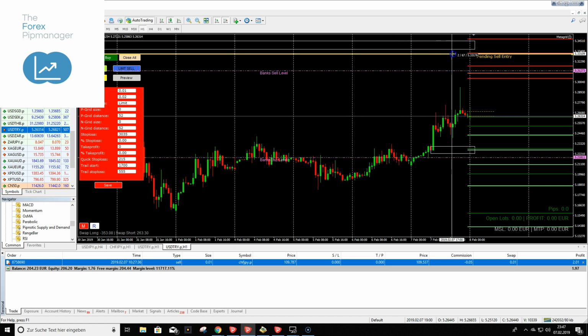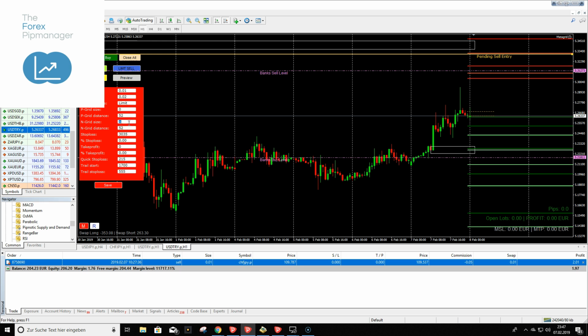We have here a distance between these 2 lines of 1660. And I want 3 negative grids. Negative grids are the grids when the price goes against us. I don't want a positive grid in this case, so we only need here the grid size.